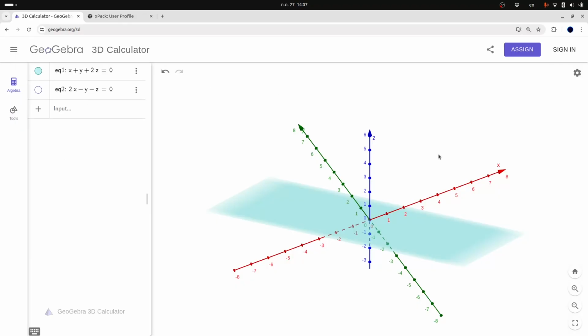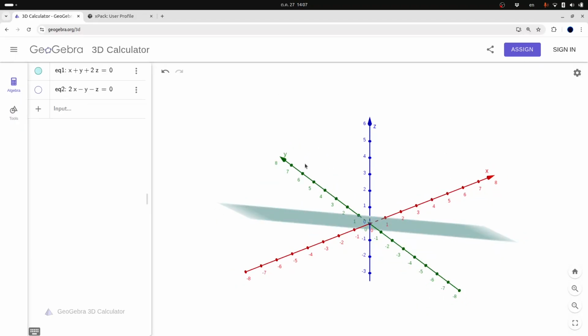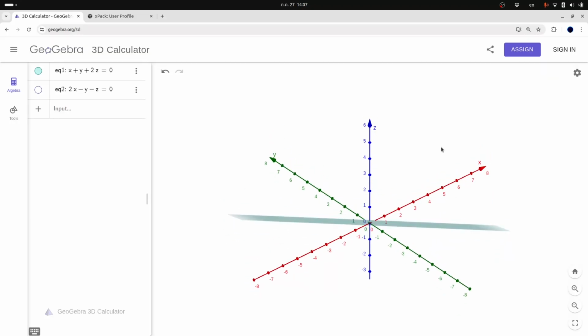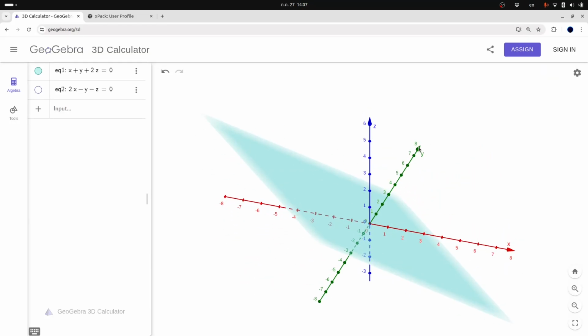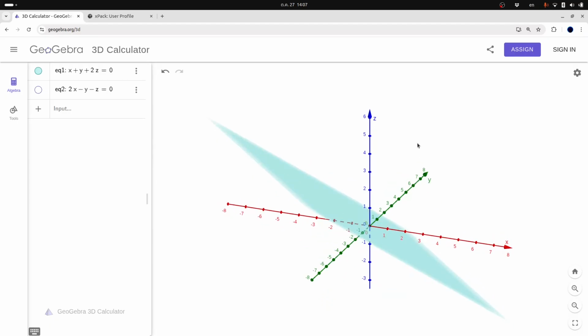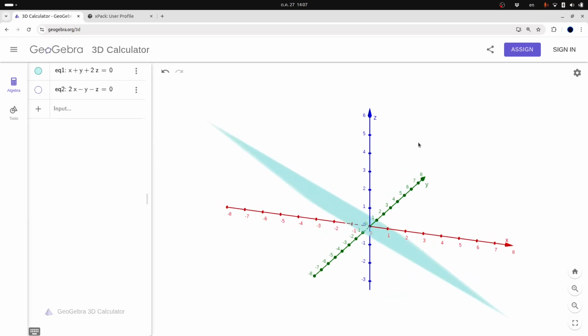So here you have x and y. For any possible value of x and y, you have another value of z. So if you plot everything based on x and y, you can see you have some value of z, and it looks like a plane.